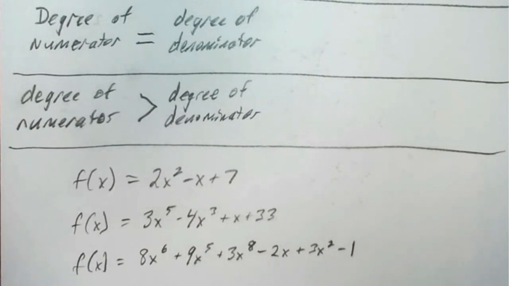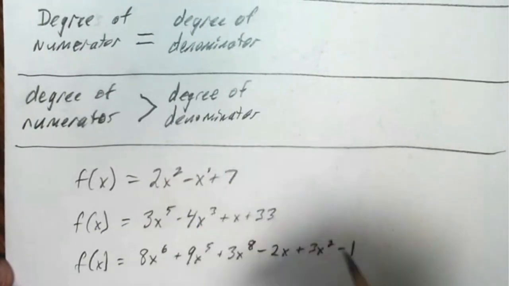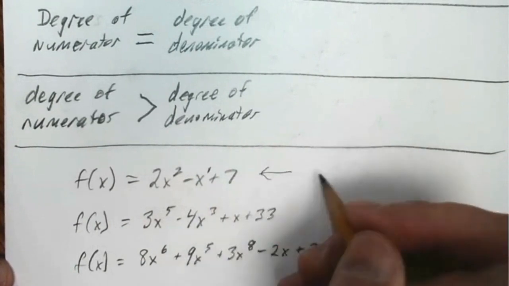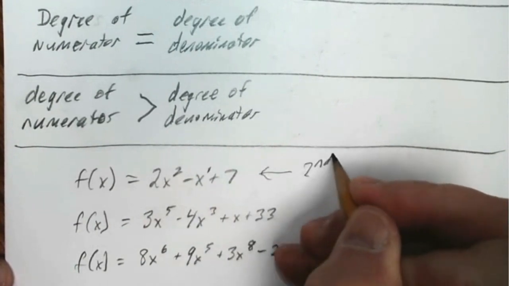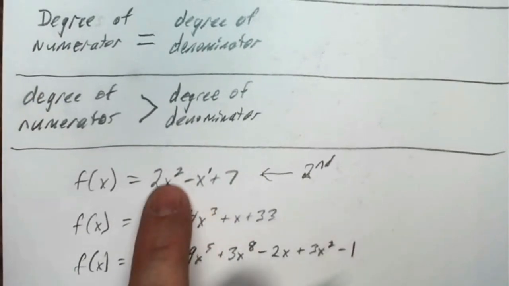We have an exponent of 2. There's actually an exponent of 1 there, we just don't write it when it's a 1. So this is a second degree equation because the largest exponent is a 2.